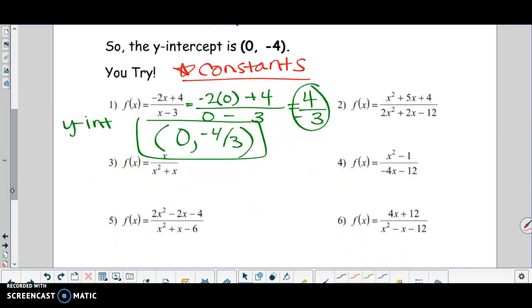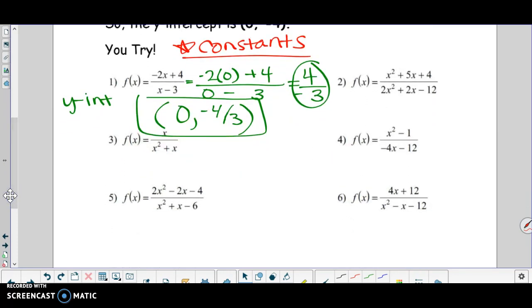So let's look at number 5. What are my only constants? Negative 4 over negative 6. Negative over negative gives me what? Positive, and 4 over 6 would reduce to what? 2 over 3, right? Not negative. So let me check.